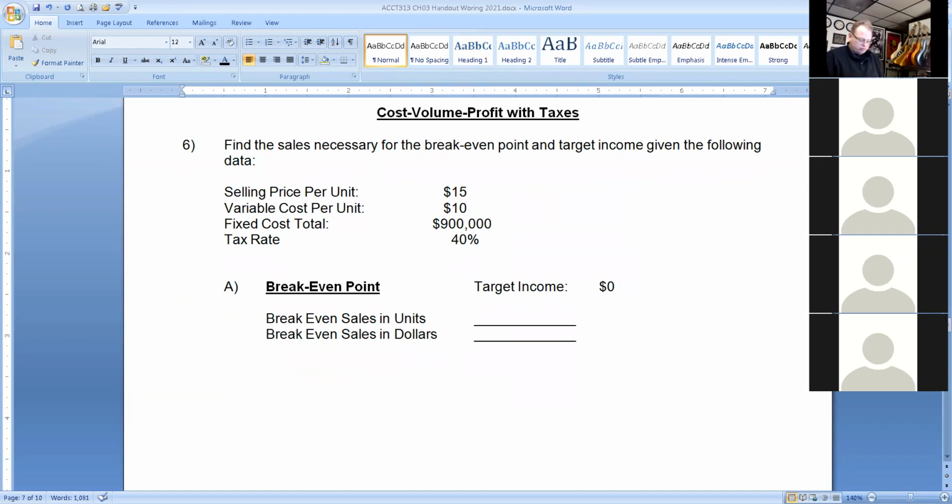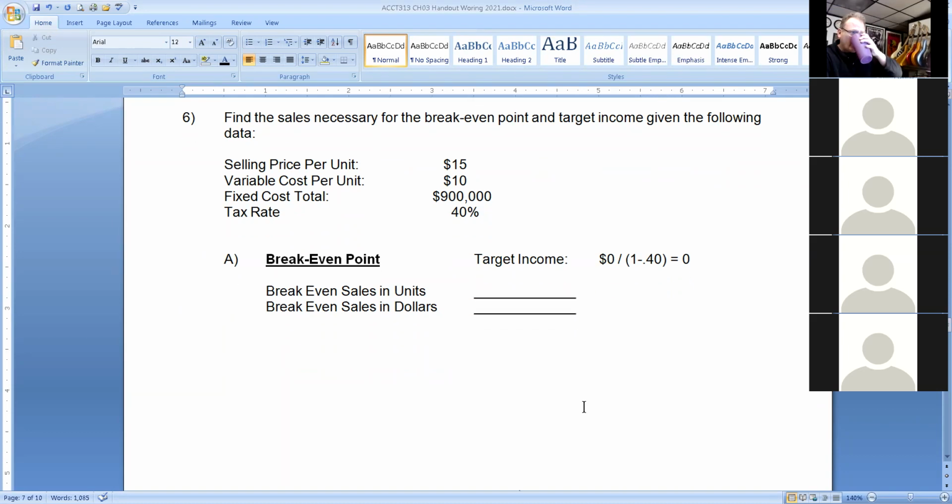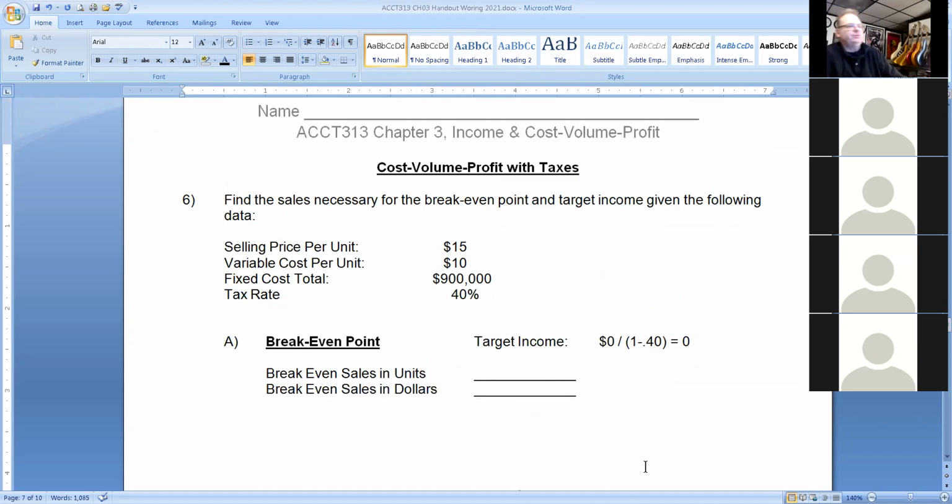If you were to apply this equation, it still holds up. 0 divided by anything would be 0.